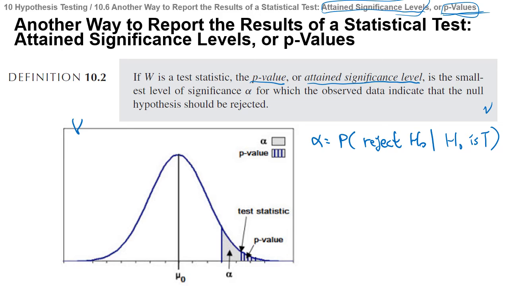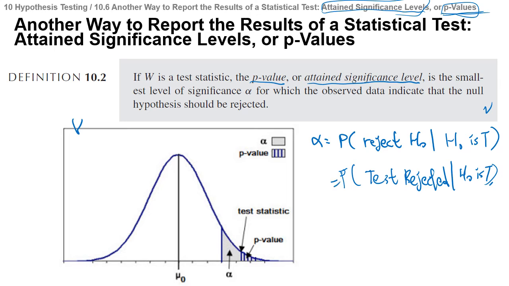If we get the test statistic W, then we can calculate this probability directly from our test statistic: the probability that our test is rejected given that H0 is true.